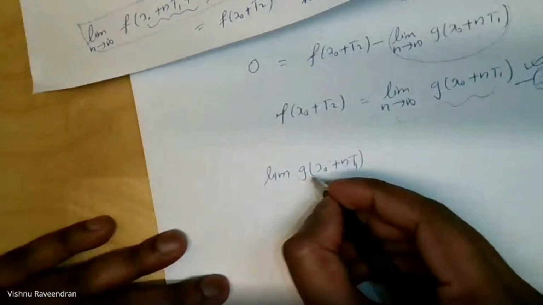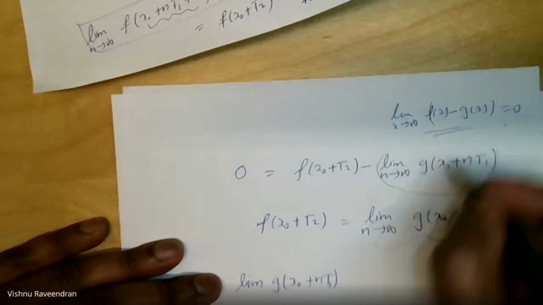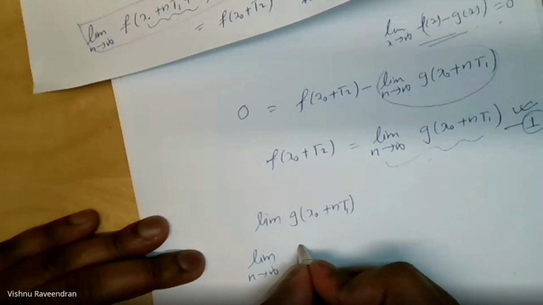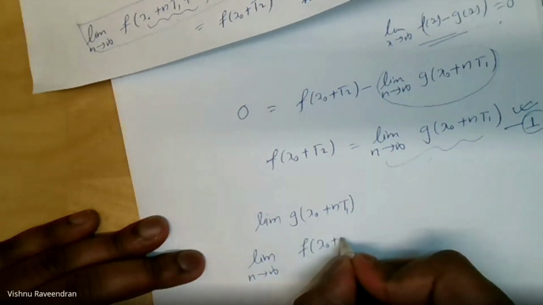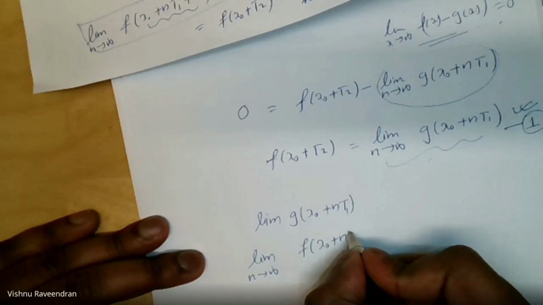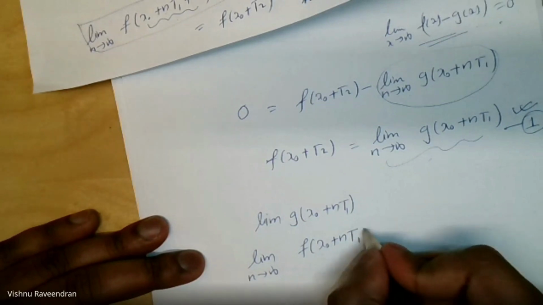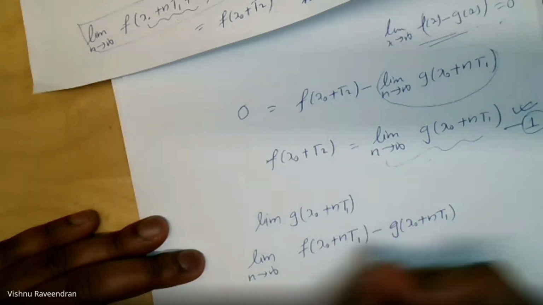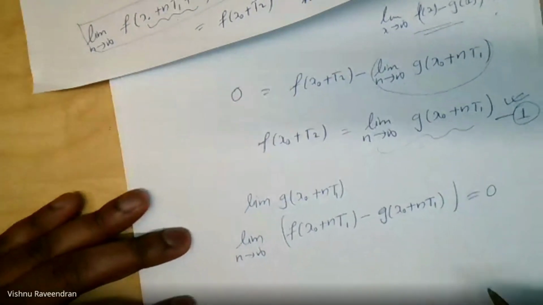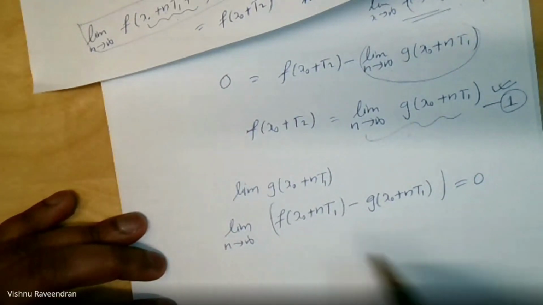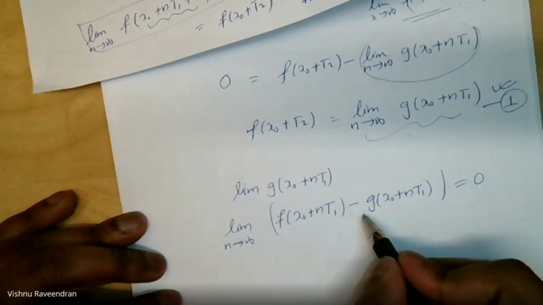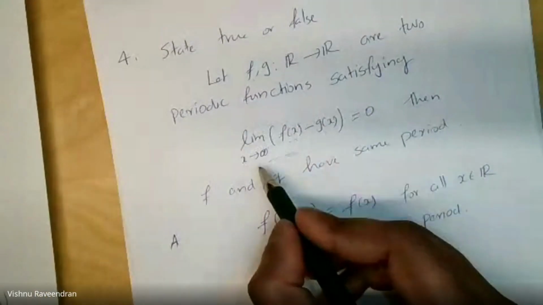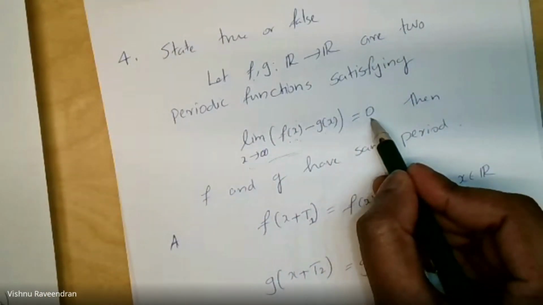So from this condition, we know limit n going to infinity f of x naught plus nt1 minus g of x naught plus nt1 is equal to 0, right? Because this is from the question, we have limit x going to infinity f of x minus g of x equal to 0.